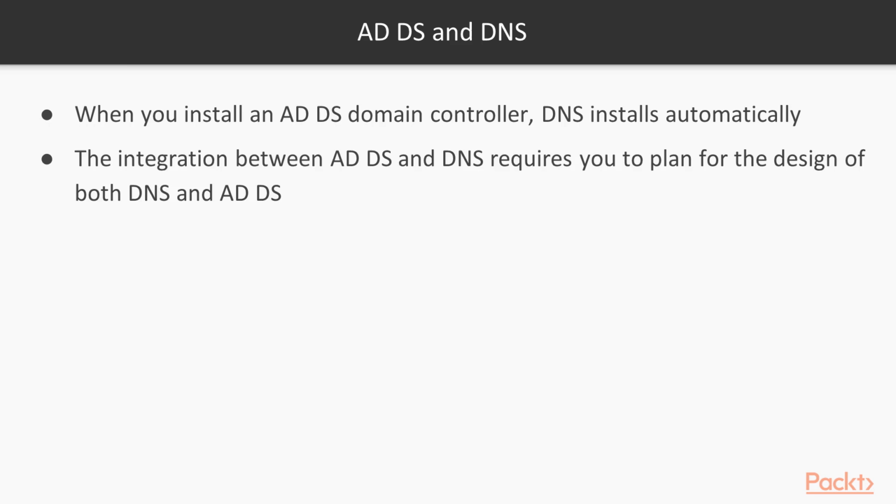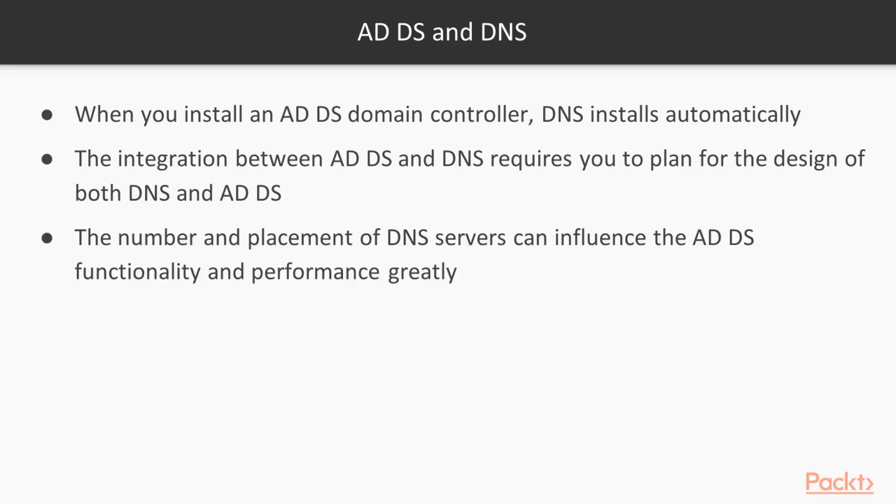The integration between ADDS and DNS requires you to plan for the design of both DNS and ADDS. The number and placement of DNS servers can influence Active Directory Domain Services functionality and performance greatly.